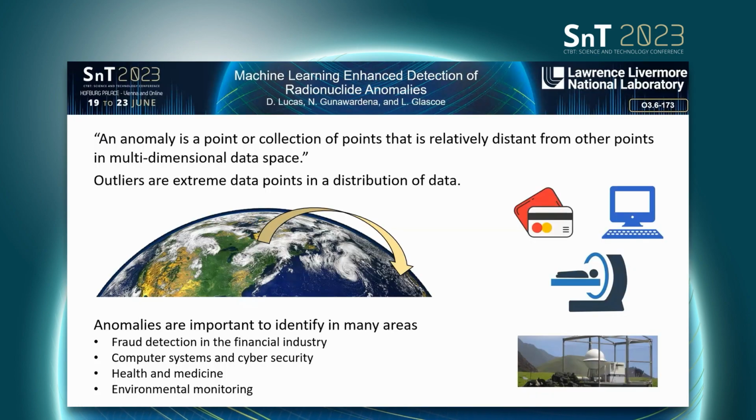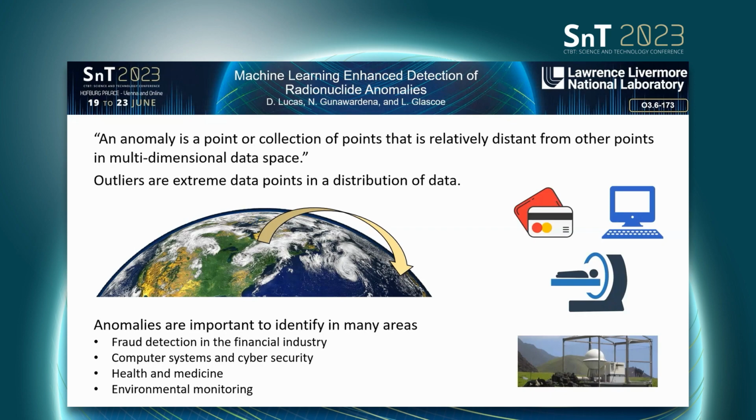All right, so this is about anomalies and anomaly detection, and there's no general definition about what an anomaly is, but loosely speaking, an anomaly is an outlier, or it's a data point or set of data points that lie far from other data points or a distribution of data points in a multi-dimensional data set.